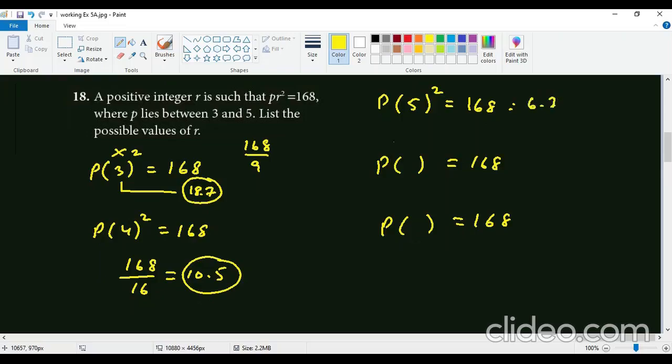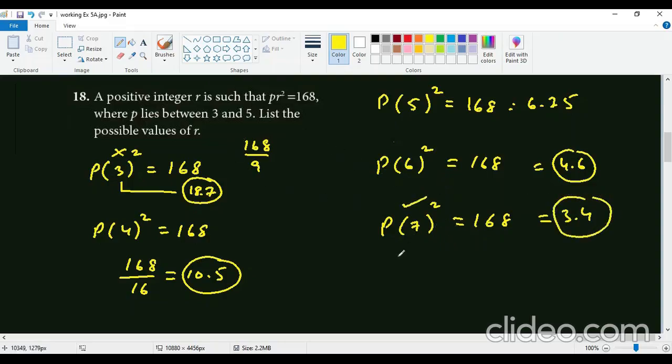So it's coming closer to between 3 and 5. Now, if I use 6 here, 168 divided by 36 is going to give us 4.6. Still, we increase the number to 7. That means 168 divided by 49 is going to give us 3.4. So in between 3 and 5, 7 is the right choice.